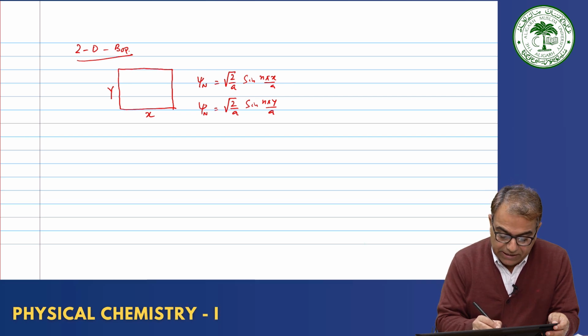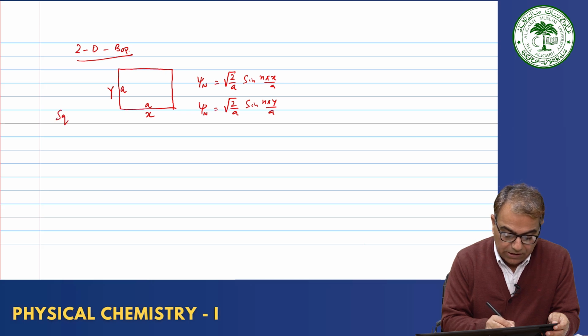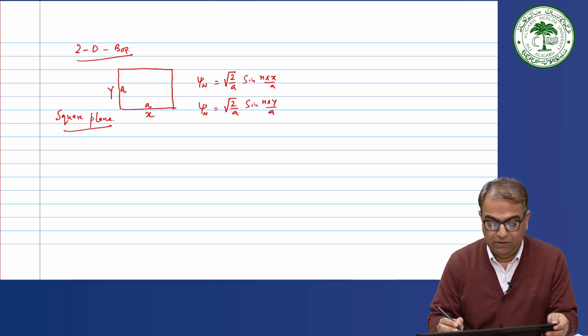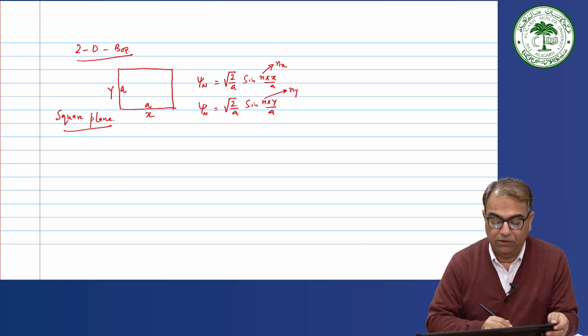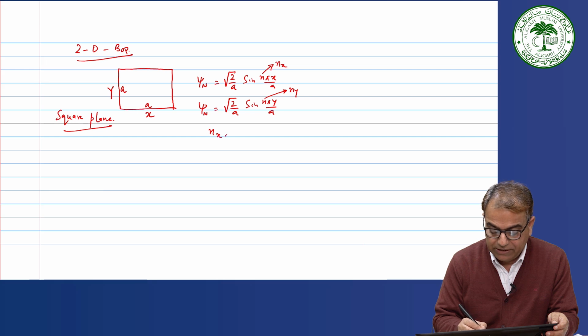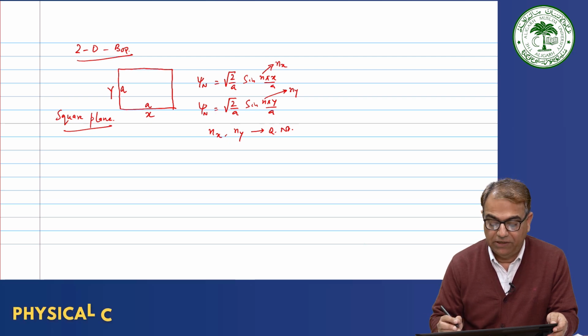What I have taken is a here also and a here also, so it is a square plane. For our convenience, this n is along the x direction, so you can call it nx, and this n is ny. So here you have nx and ny as the quantum numbers. Two quantum numbers you have.